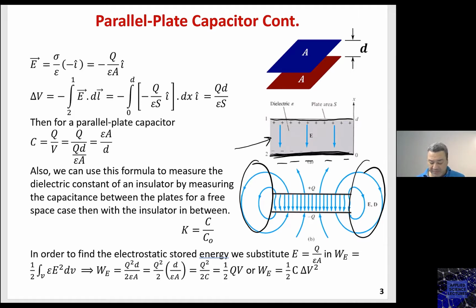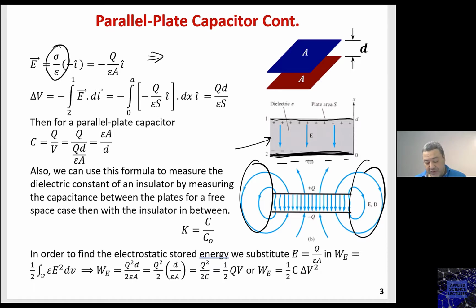In this case, the electric field, based on the two sheets of infinite sheet with the charges, if you recall, we have said that the electric field inside is uniform and equals sigma divided by epsilon.